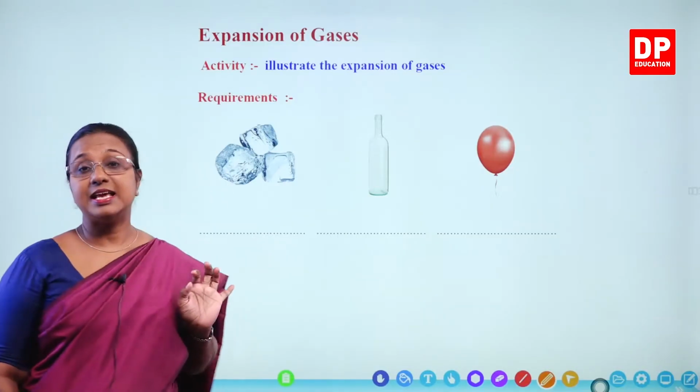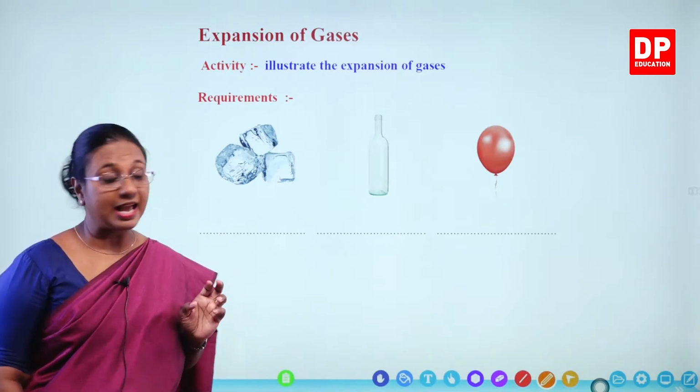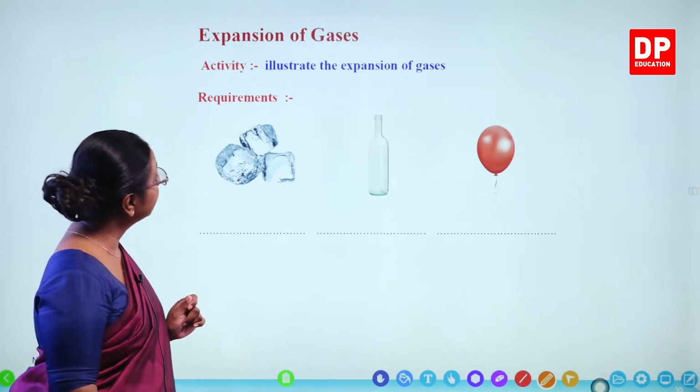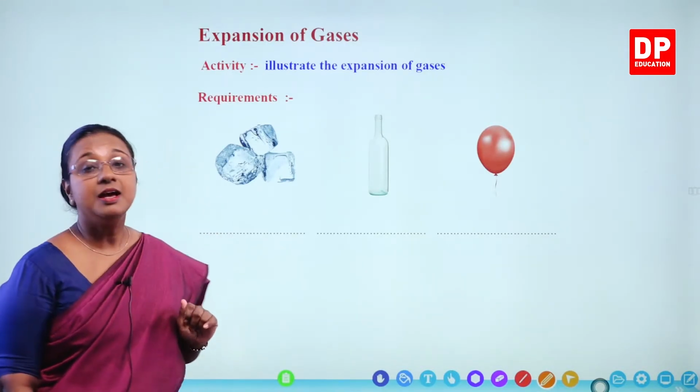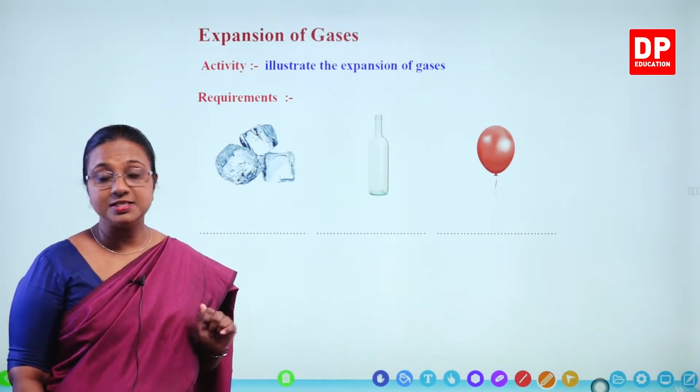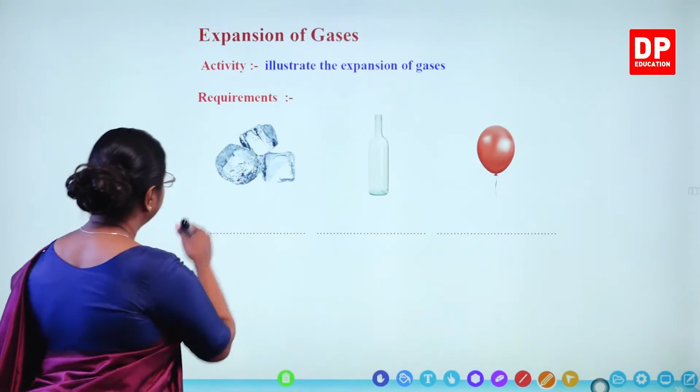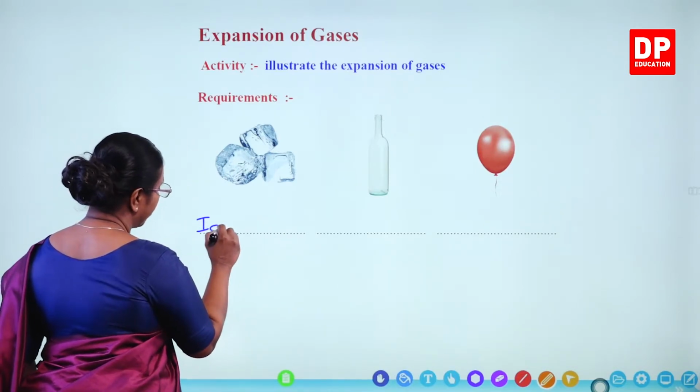Again, to understand expansion of gases, we will be doing an activity to illustrate the expansion of gases, and these are the materials or the requirements that we need to do this activity. We need ice cubes or ice.